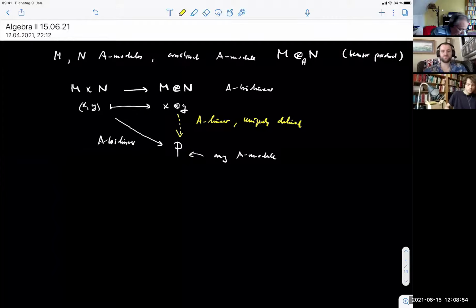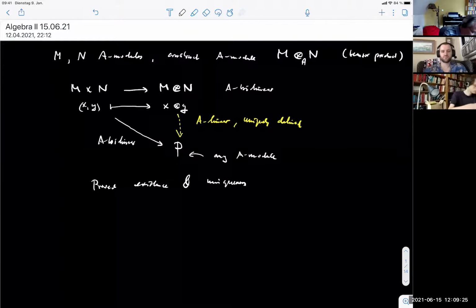So what do we do with this? I did the existence and uniqueness; we proved existence and uniqueness. Uniqueness has a special meaning, you have to define what this means. Let's say this is a tensor product, and this one here is also a tensor product.